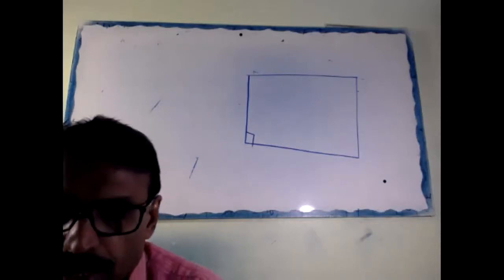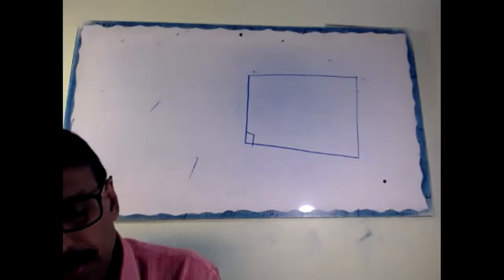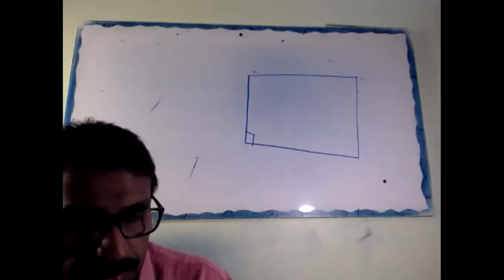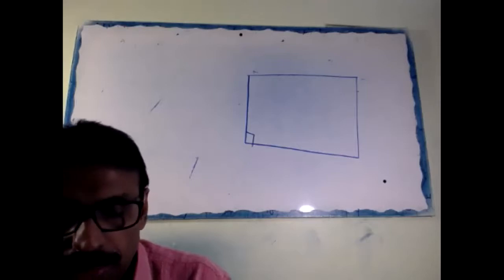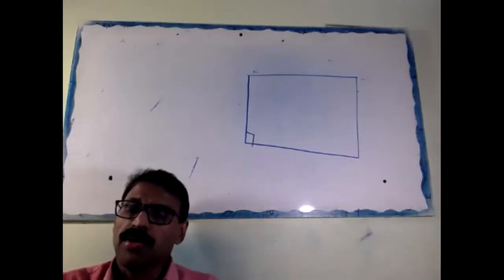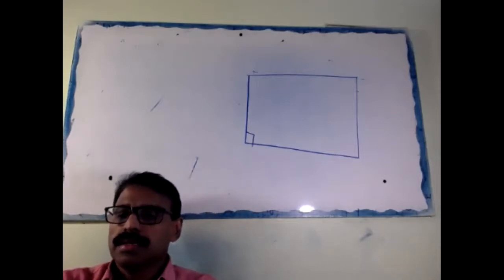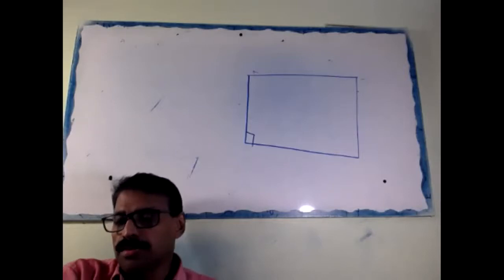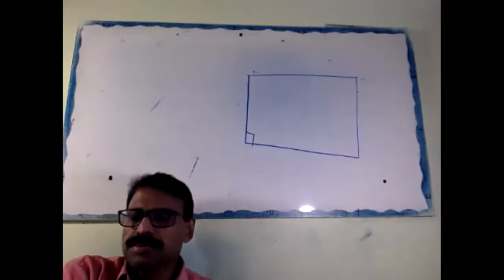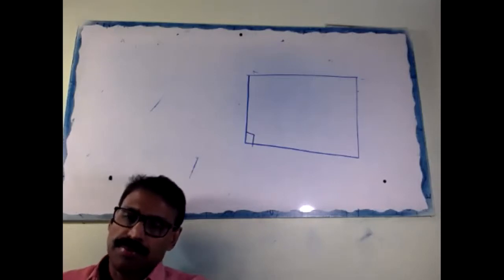Are you okay? Rectangle, rhombus, and square are parallelograms. They are the parallelogram family. All trapeziums are not parallelograms, but all parallelograms are trapeziums.